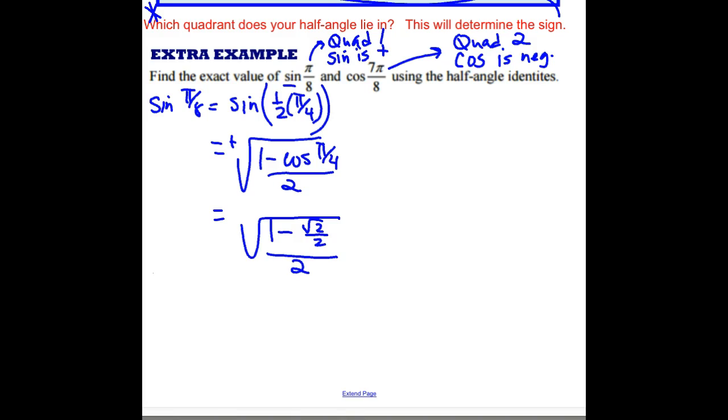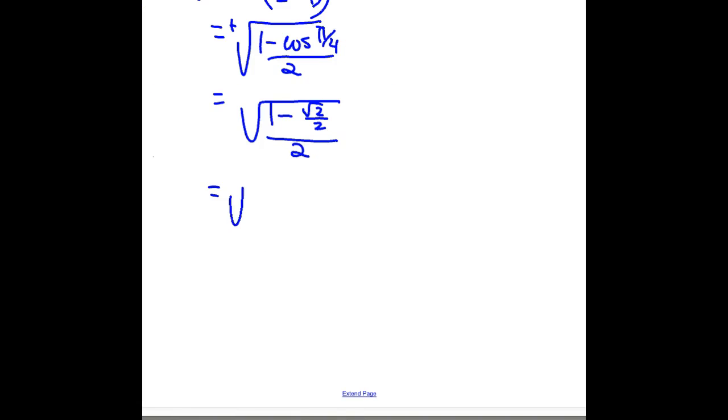Now, right now, that is all under a square root symbol. We want to clean that up a little bit. We've got too many fractions within fractions. Can we think of that 1 as 2 over 2? So we could write that as 2 minus root 2 over 2, all over a 2. That gets a little confusing because there's lots of 2's here.